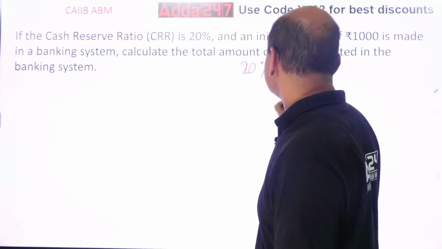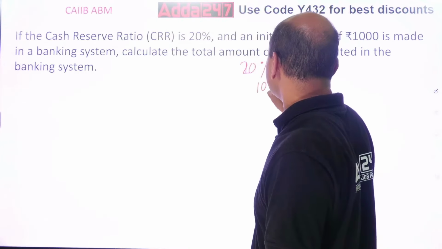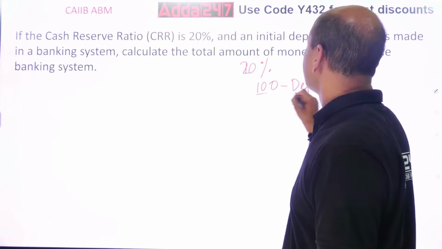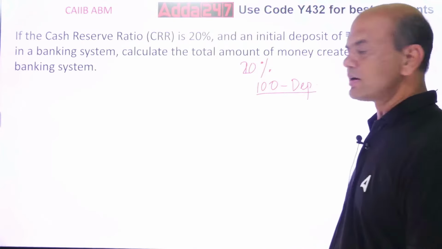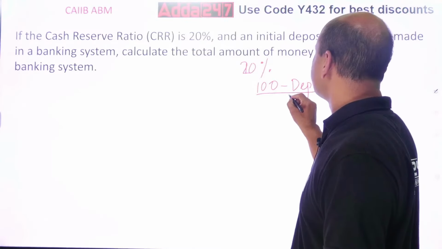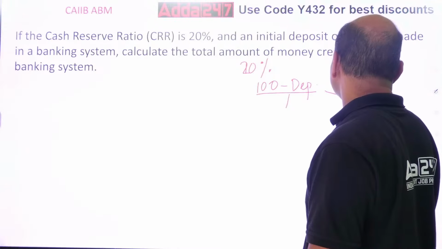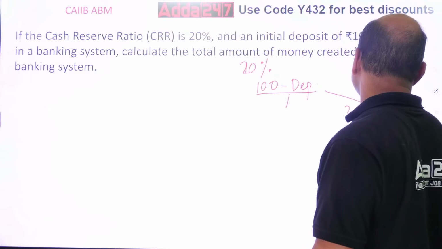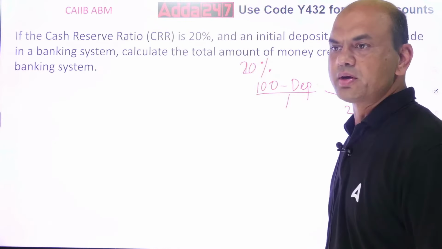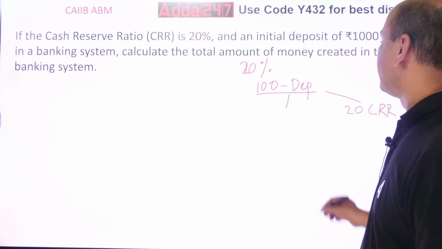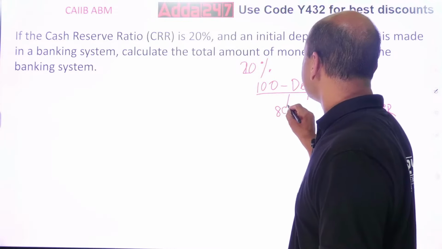If my bank gets a deposit of 100 rupees, the bank bifurcates it into two parts. 20 rupees go for CRR, that is kept with RBI, and 80 rupees I can give as a loan.